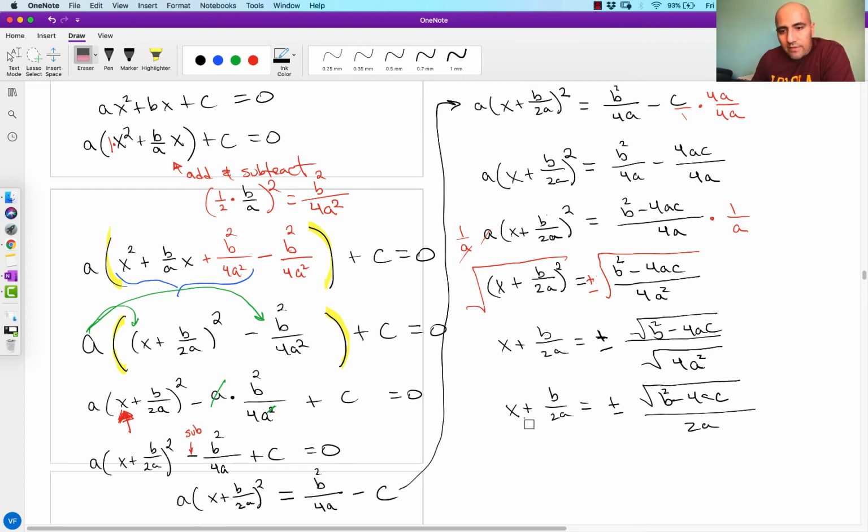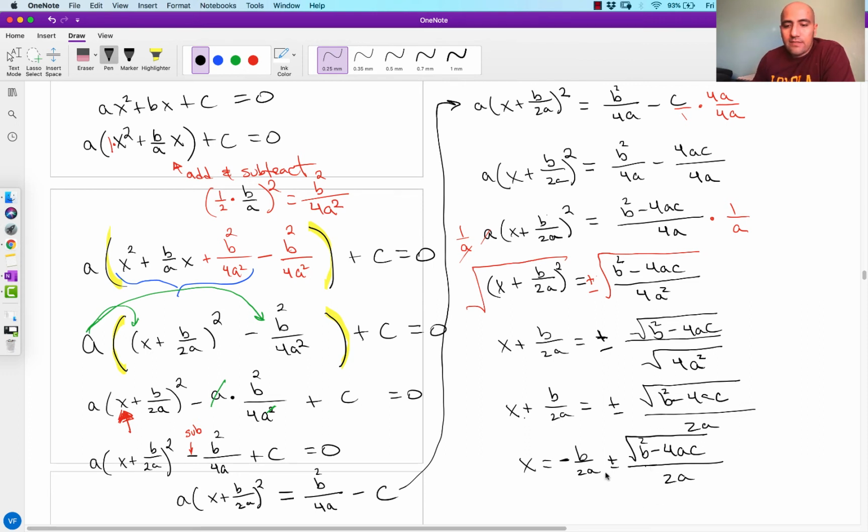I'm just bringing this down, that should be a plus, not a plus or minus. Okay, so now I'm going to subtract that from both sides, and we end up with x equals minus b over 2a plus or minus this whole fraction, which is going to be the square root of b squared minus 4ac all over 2a.